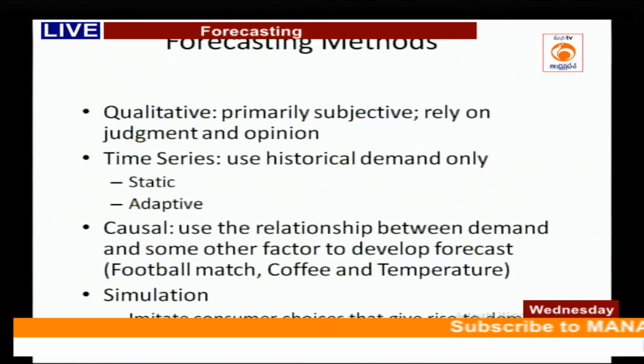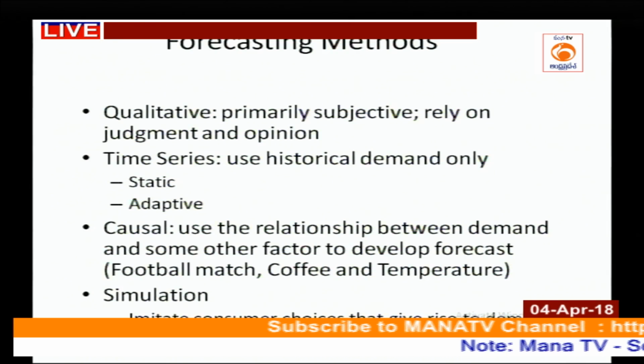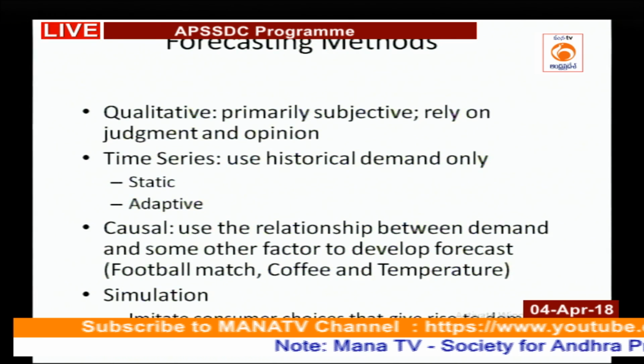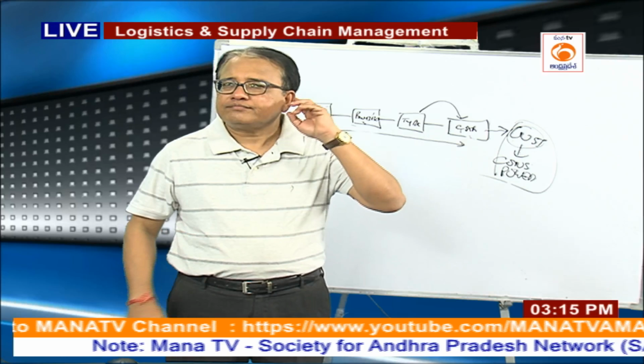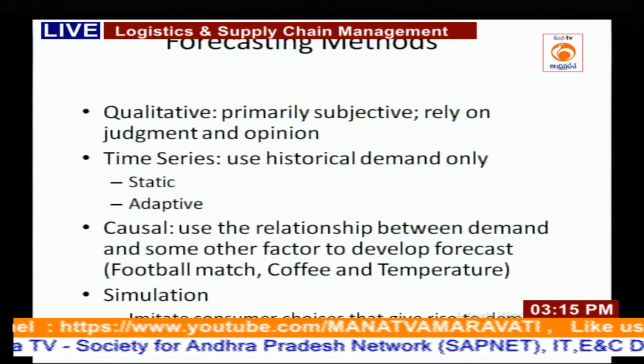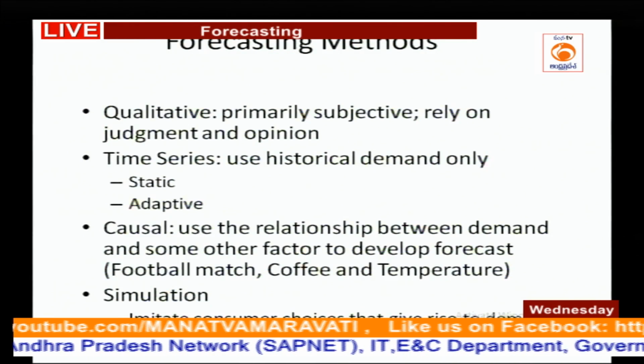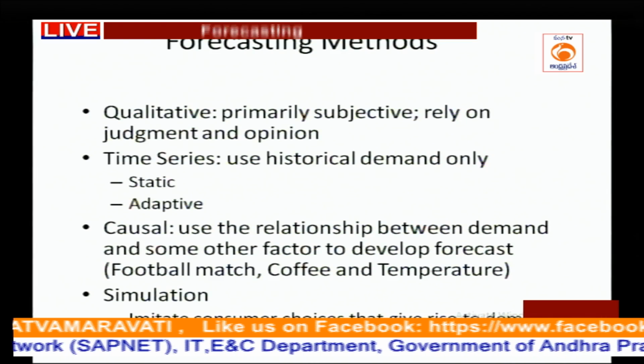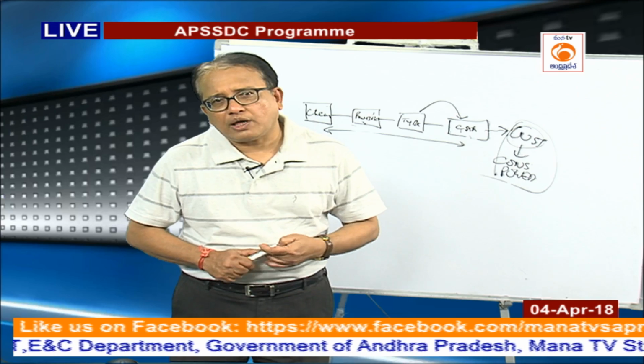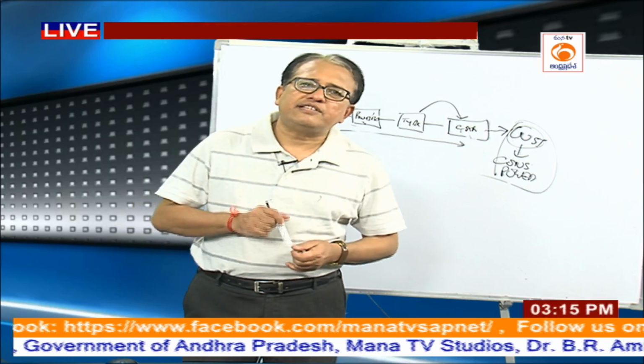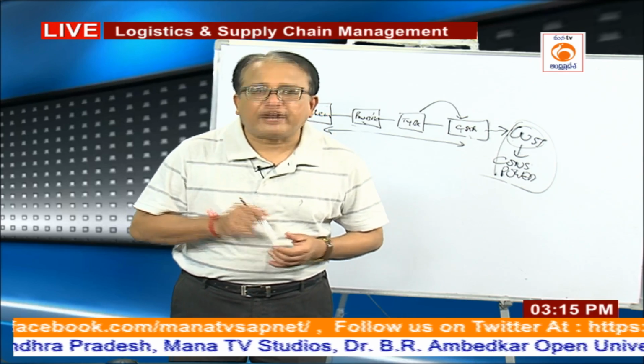Causal, very important. I will give you one example of a causal relationship. Suppose a football match is going on, or IPL cricket is going on in Hyderabad. Now, there is a vendor selling soft drinks.